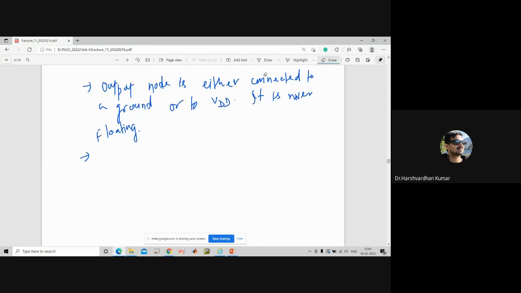Every time the output node swings to VDD or to ground, what will happen in that case? The output node is connected to a very low input impedance node. That also makes it very less prone to noise.